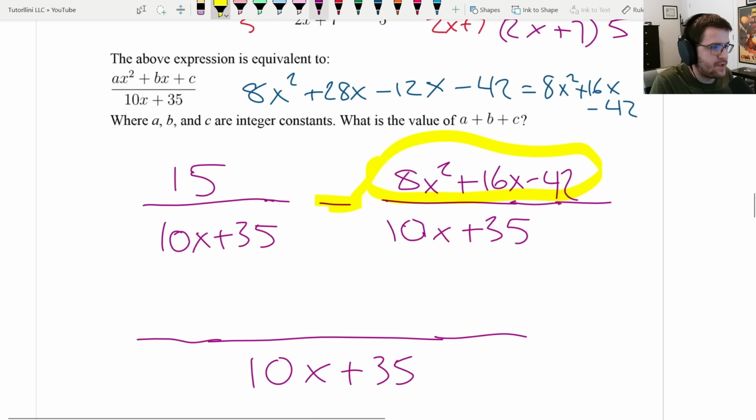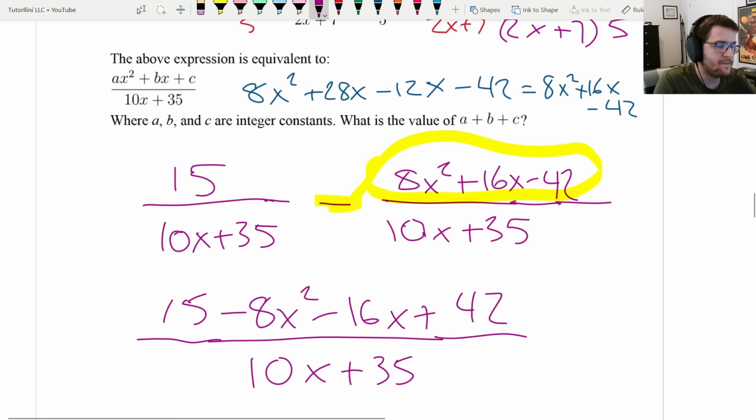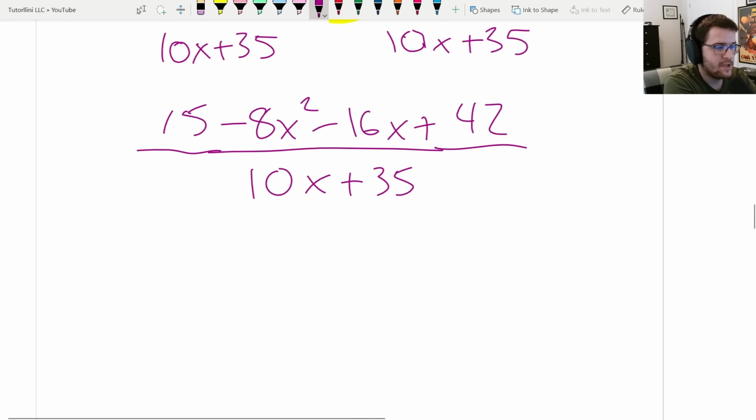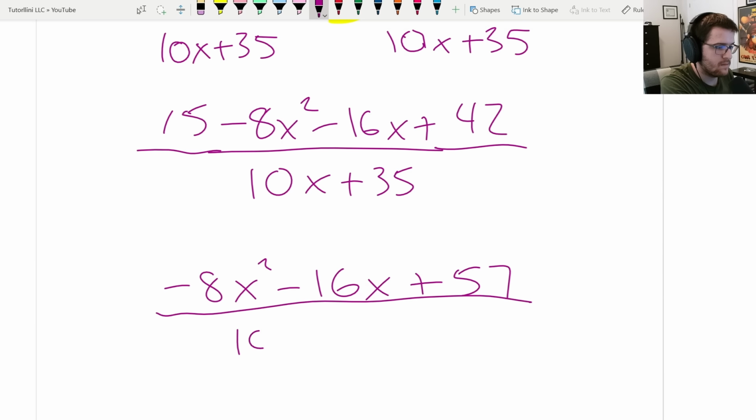Okay, so let's write that now. 15 minus 8x squared minus 16x plus 42. I'm going to write this in standard form, like in the question. So negative 8x squared minus 16x, and 15 plus 42 is 57. That's looking pretty good.